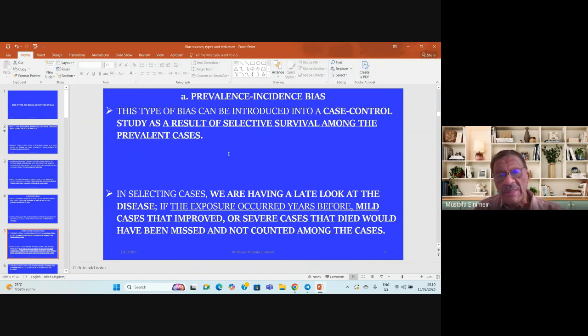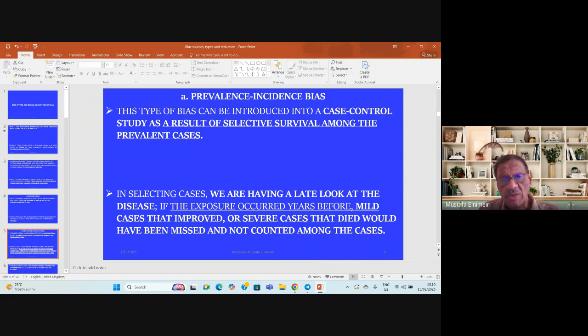This type of bias can be introduced into a case control study as a result of selective survival among the relevant prevalent cases. In selecting cases, we are having a late look at the disease. For example, if the exposure occurs years before, mild cases that improve, or severe cases that died already, would have been missed, would not be included or encountered among the cases.